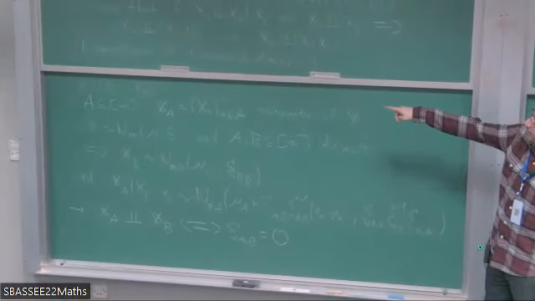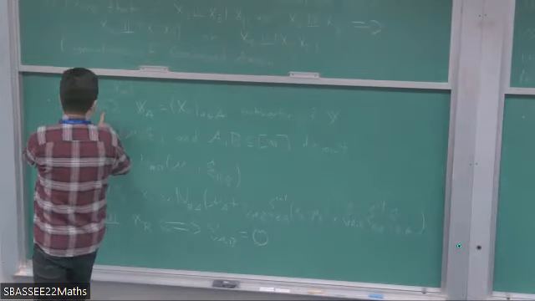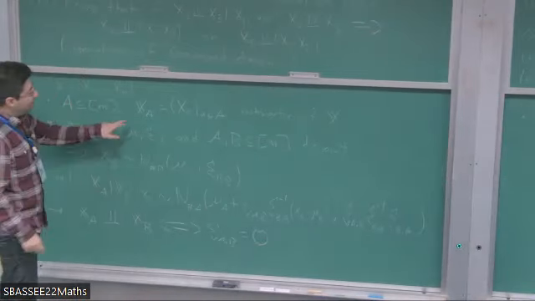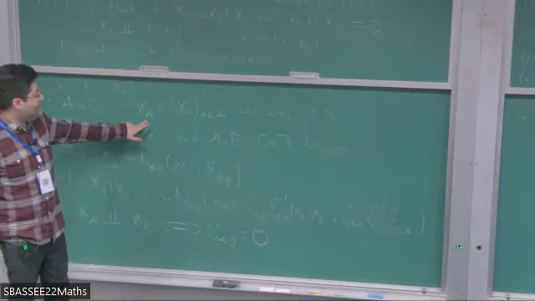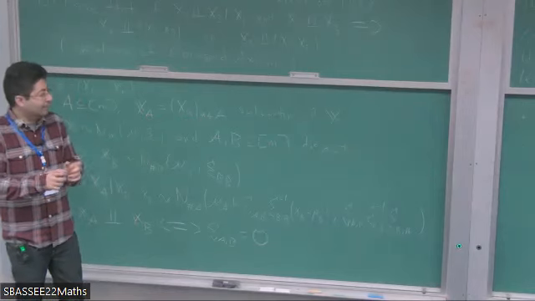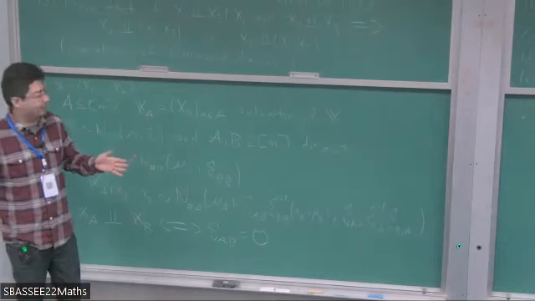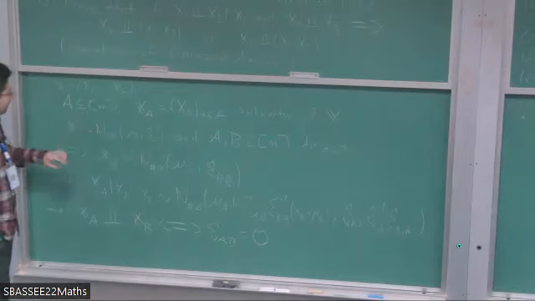If you have a random vector and a subset of the indices, you can build the subvector XA that only looks at those indices. They don't need to be together. I can just choose the first one, the third one, and the seventh one, and that will be a subvector. This is just notation.